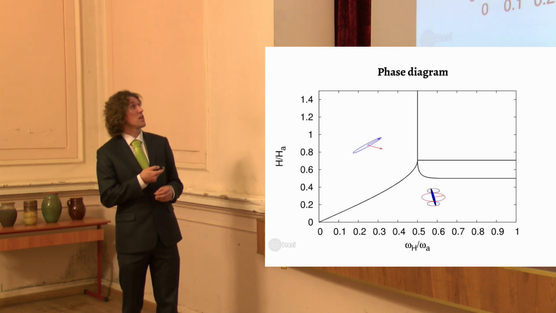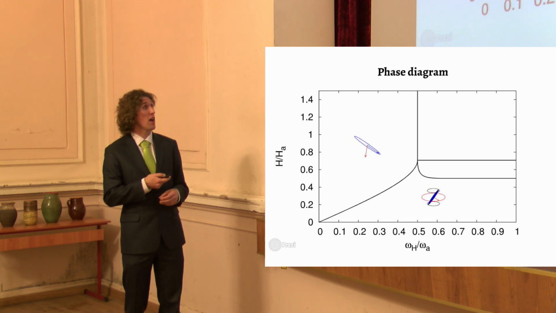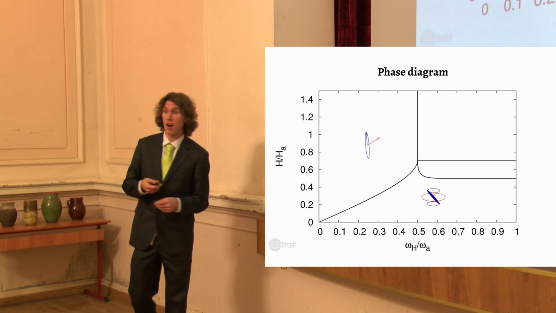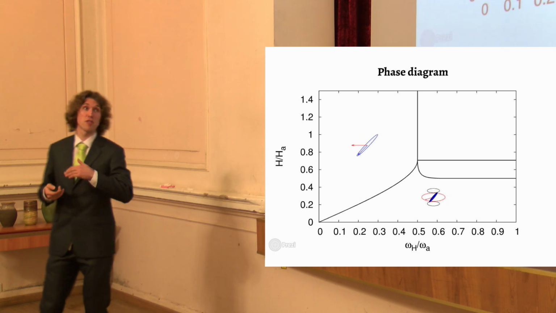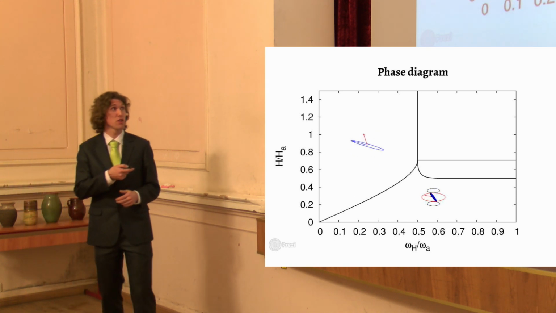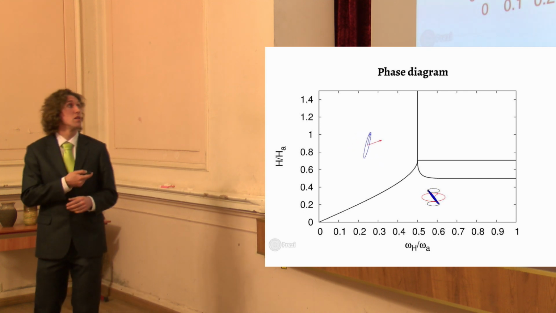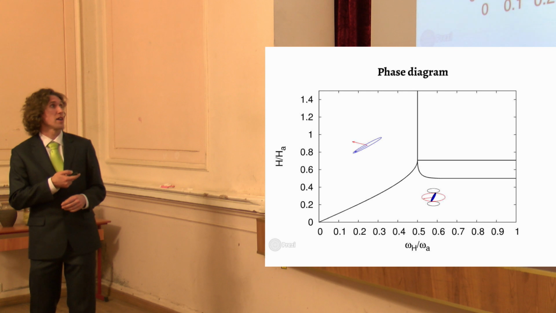On the other hand, if the magnetic field is small and the frequency is large, the particle likes to go out of the plane where the magnetic field rotates, and it starts to precess around the axis of rotation.